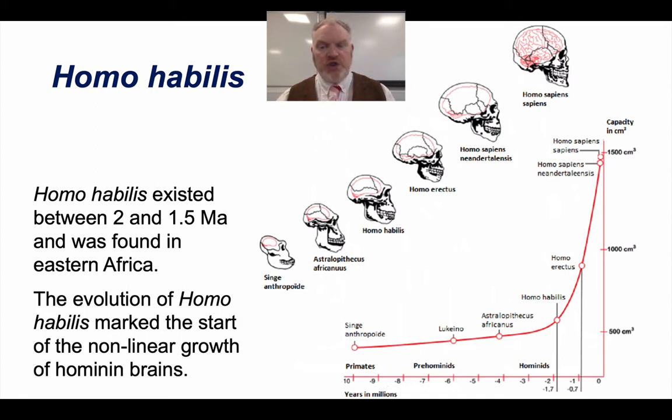Interestingly, this relationship between brain size and time changes with the evolution of Homo habilis. The growth becomes exponential. It becomes far, far more rapid with Homo habilis than it's been earlier. This brain size, we think, is a key part of human evolution.